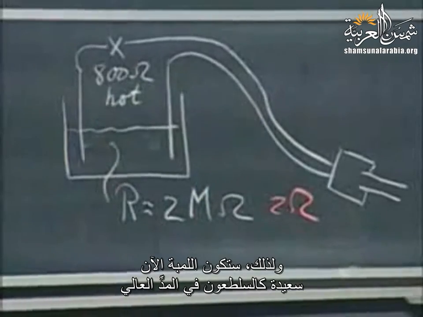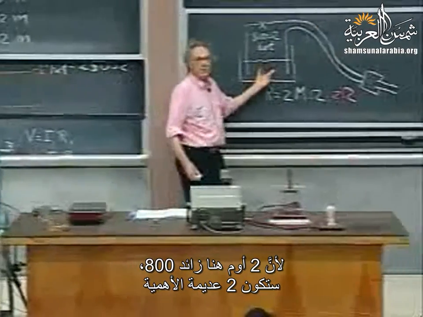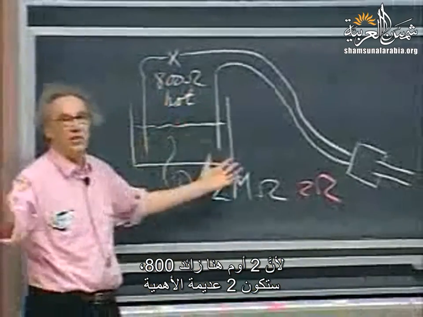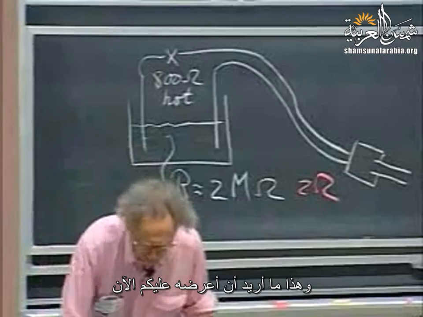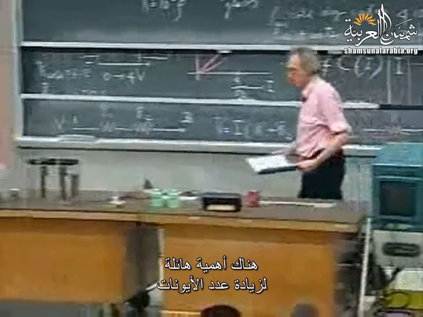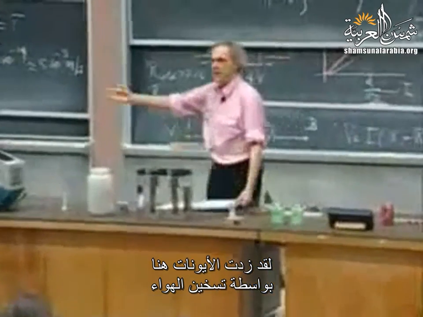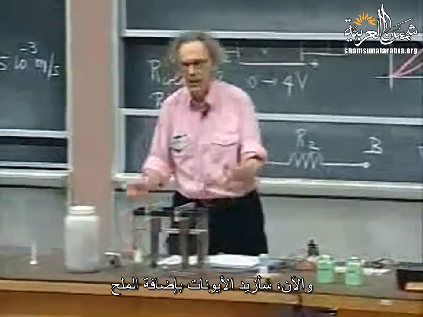And so now, the light bulb will be happy like a clam at high tide because 2 ohms here plus the 800, the 2 is insignificant. And this is what I want to demonstrate to you now, the enormous importance of increasing ions. I increased ions here by heating the air. Now I'm going to increase the ions by adding salt.